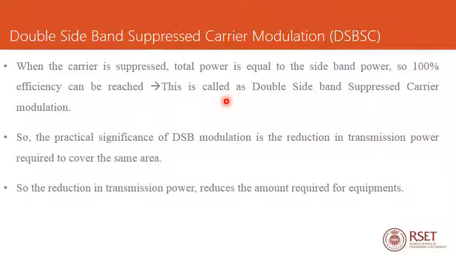In conventional AM, a lot of power is used for transmitting the carrier. If we are suppressing the carrier signal, the transmitted power can be reduced. The reduction in transmission power reduces the amount required for the equipment. So these are the advantages of double sideband suppressed carrier.